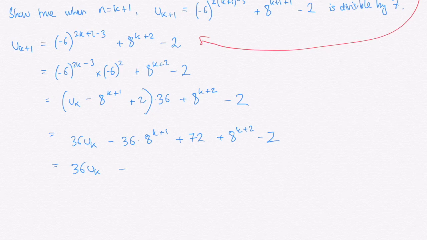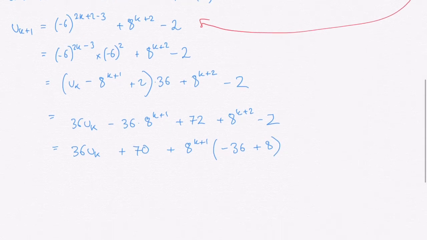Which is 36 u_k plus 70, which is the 72 subtract 2, and let's take a factor of 8 to the k plus 1 from those remaining two terms. Well, we get a negative 36 here, and here we just need an 8. So we have 8 to the k plus 1 multiplied by 8 is 8 to the k plus 2.